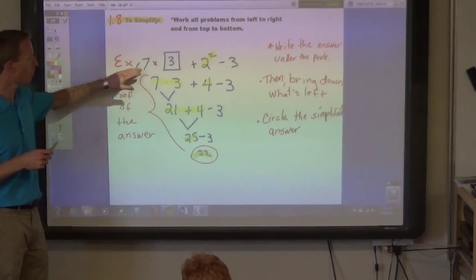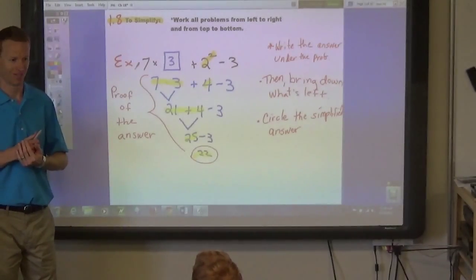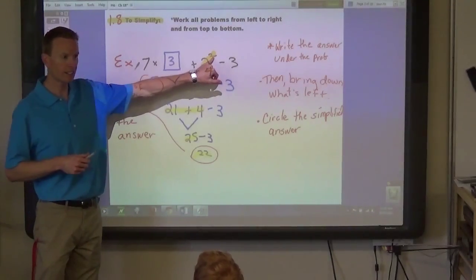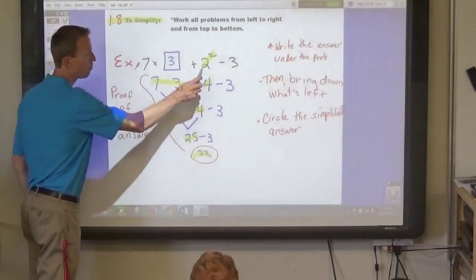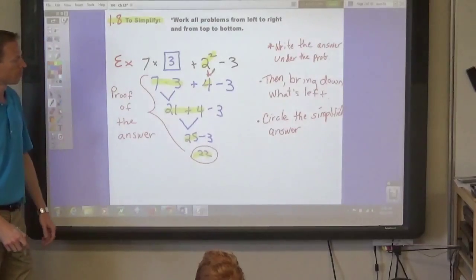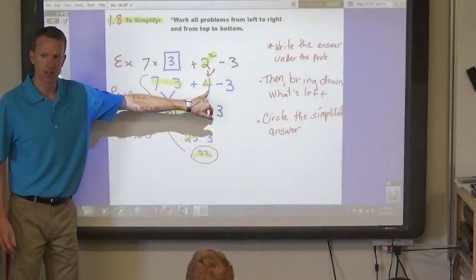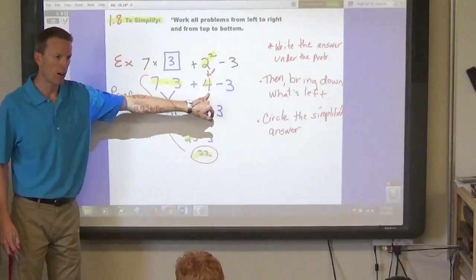So we have to look in the problem. Are there any exponents or powers? Yes. 2 squared is a power. So we have to simplify that first. That's the first thing we need to do. Now, write down the answer right underneath the problem.